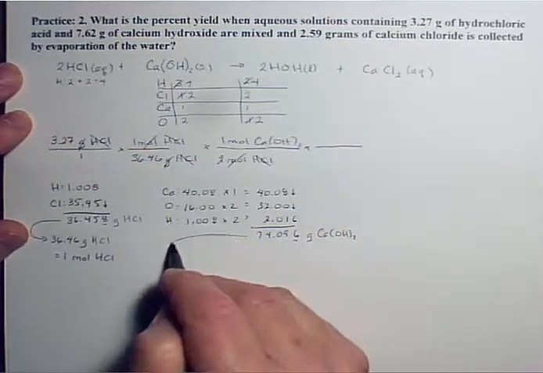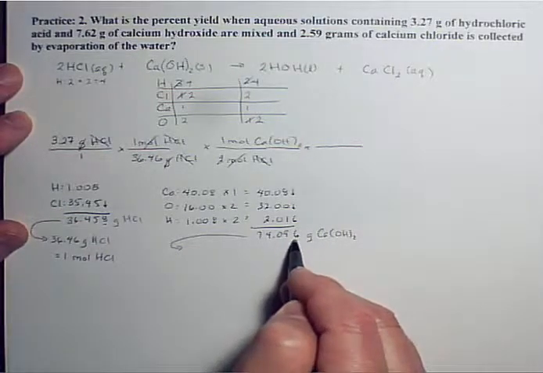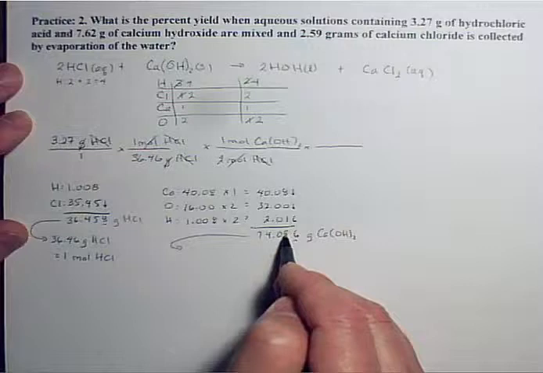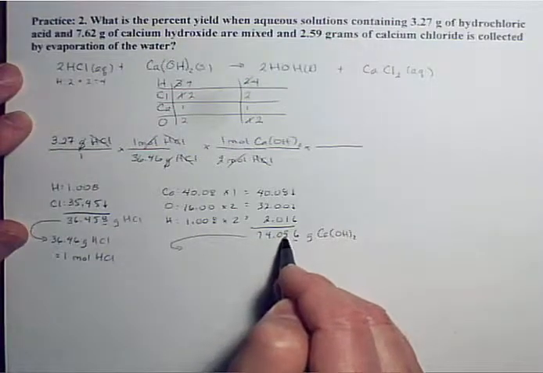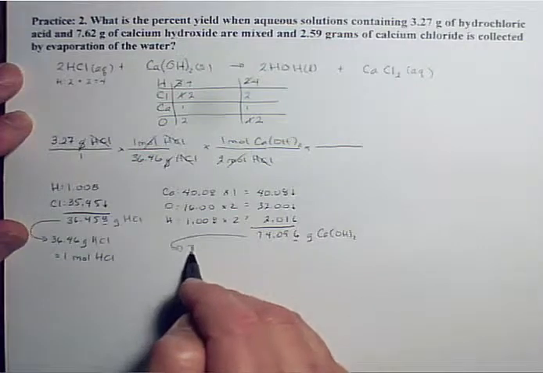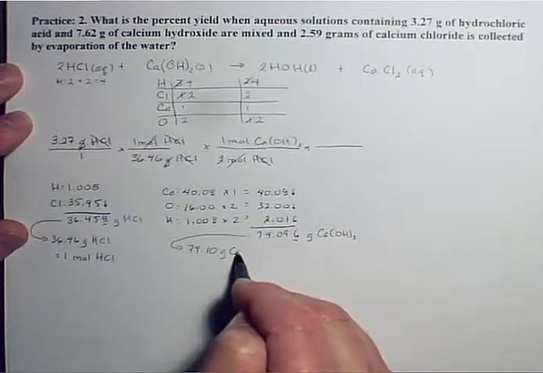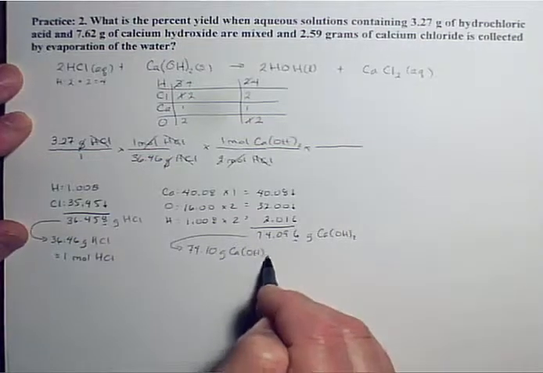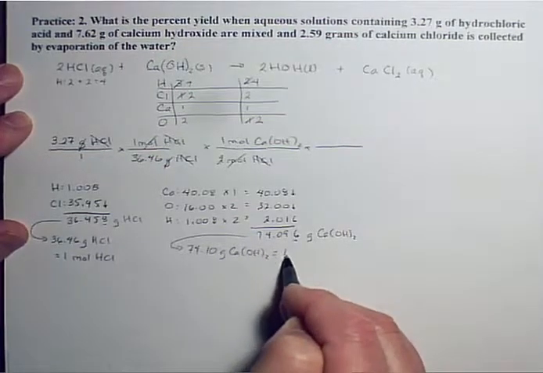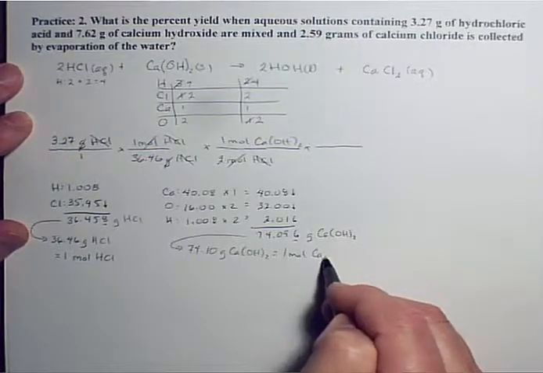But we're going to round it off now to get rid of that 6. So that 6 rounding off, since it's 5 or greater, makes this adding a 1 to this, making it 10, which means the 1 goes here and a 0 goes there. So 74.10 grams of calcium hydroxide. And again, we're going to say that's equal to 1 mole, in this case, moles of calcium hydroxide.